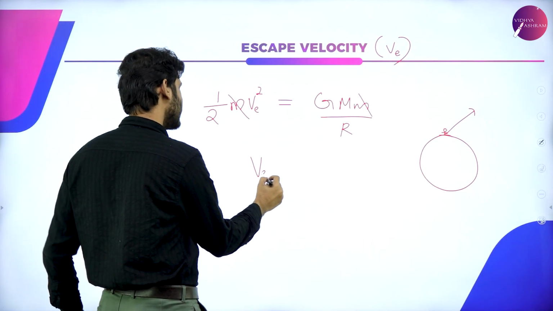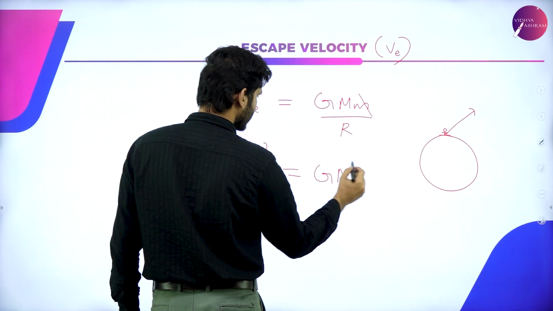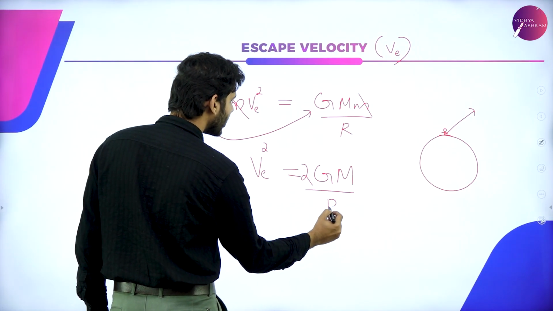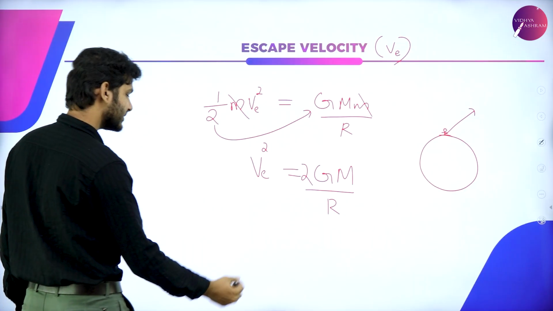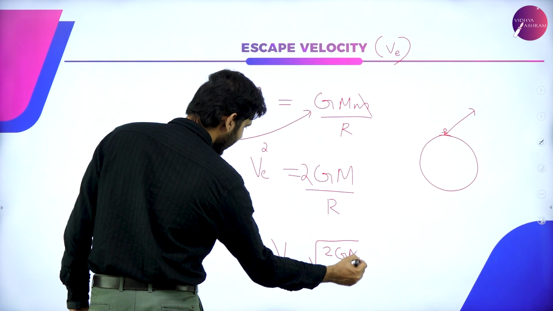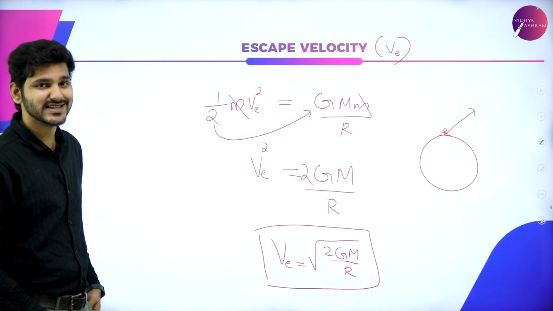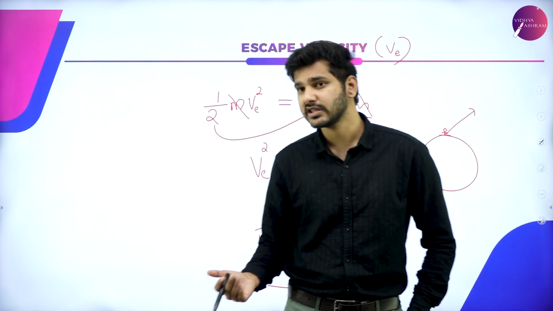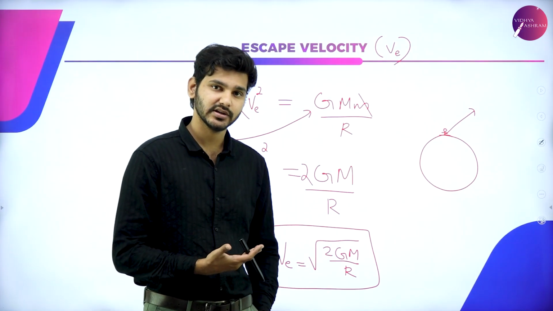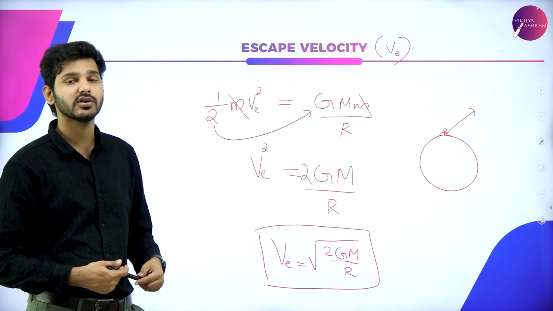I can say that ve square is equal to G capital M into 2 over R, so 2GM divided by R. Or simply I can say that escape velocity Ve is equal to root of 2GM divided by R. That's it. We got an expression for the escape velocity of any object. The only thing you have to do is equate gravitational potential energy and kinetic energy together. Then you will get an expression for velocity, written as Ve is equal to root of 2GM by R.